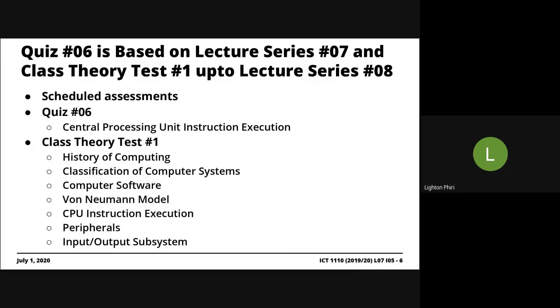So class theory test number 1 will cover everything all the way up to the input-output subsystem, which ideally is lecture series number 9, right? Not number 8 here, number 9. Are we together?